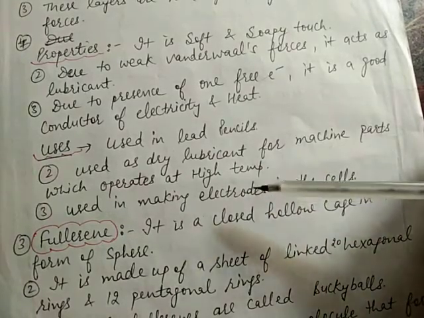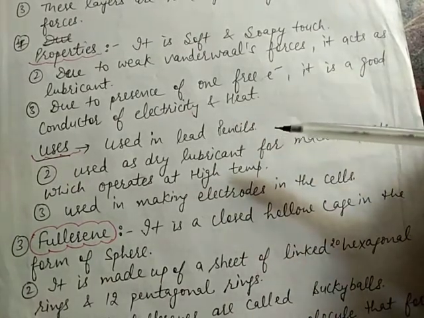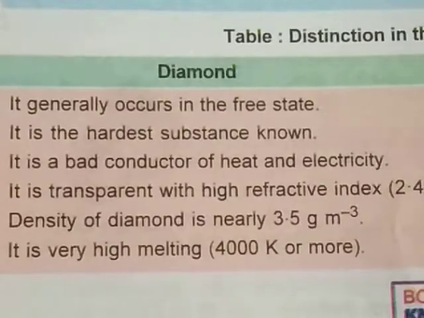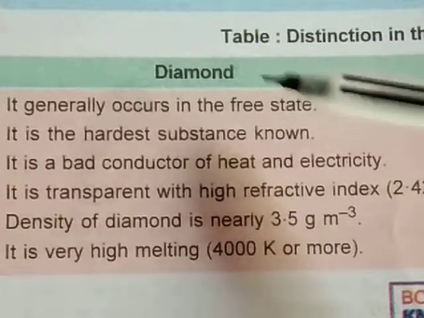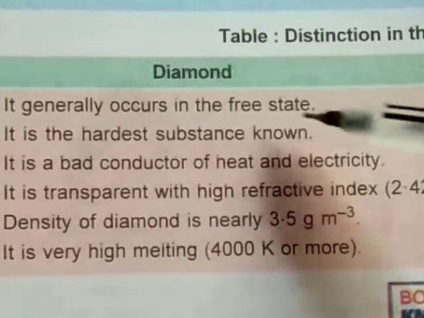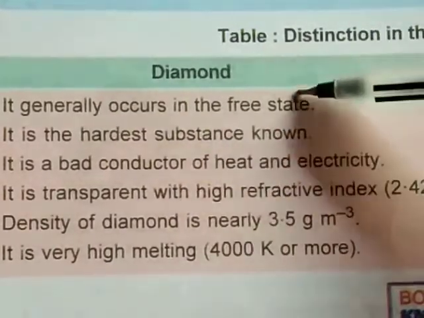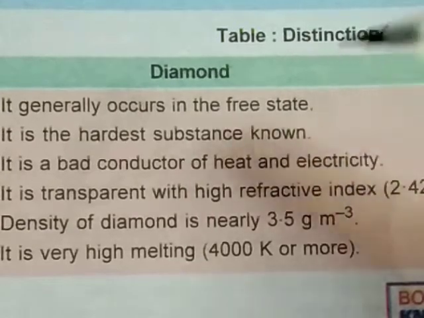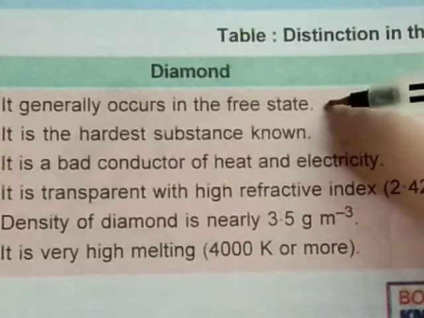Now what are the differences between diamond and graphite? First, diamond generally does not occur in the free state, but graphite occurs in the free state and it can also be prepared artificially.